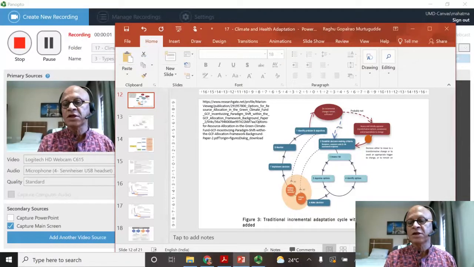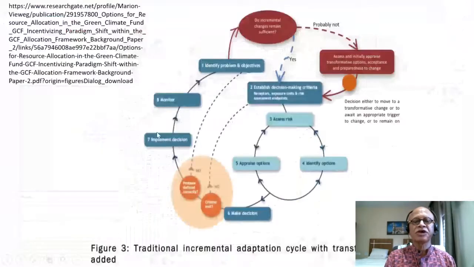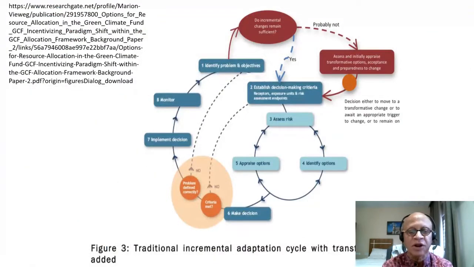Okay, let's close out this chapter by looking at just examples of how adaptations are thought of. This is not necessarily for health, but this is the traditional incremental adaptation cycle with transformational considerations added.